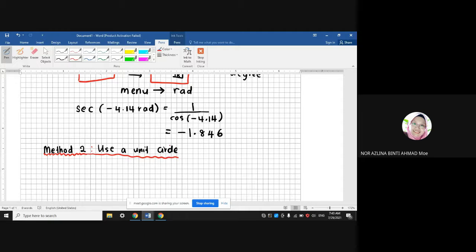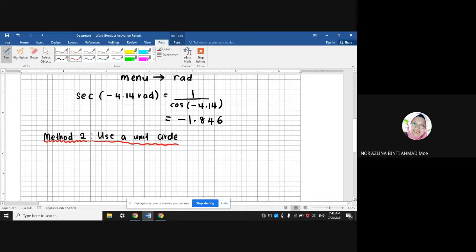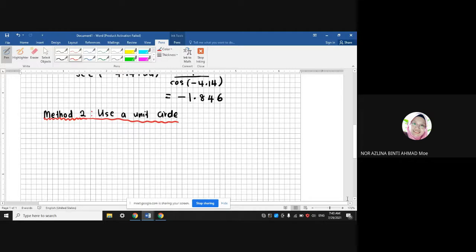Okay, to use a unit circle, ada beberapa perkara yang you perlu tahu sebelum tu. Okay, kita melibatkan circle.